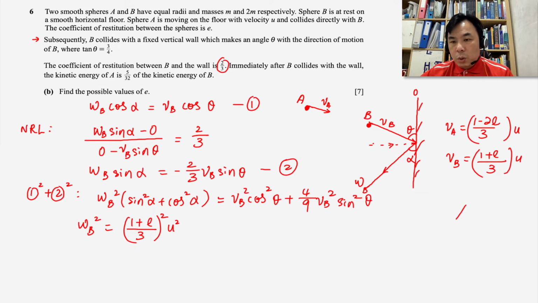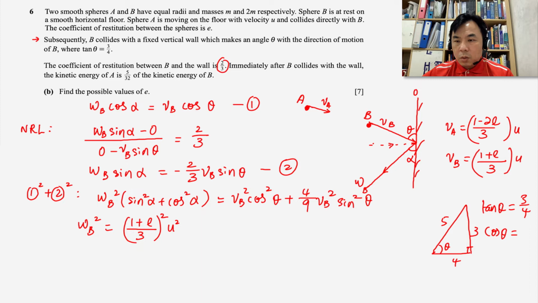If you were to draw a right-angled triangle here, for instance, if this is theta, with 3 over 4, therefore the hypotenuse must be 5. Tangent theta is equal to 3 over 4. Therefore, cosine theta must be equal to 4 over 5, and sine theta must be equal to 3 over 5.